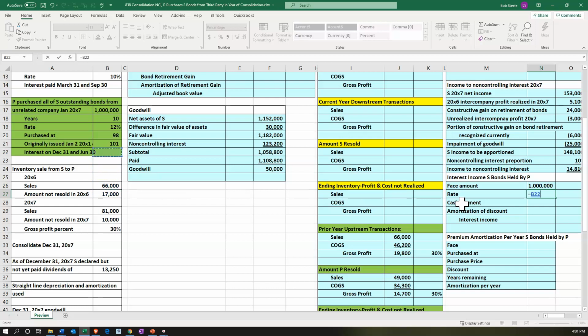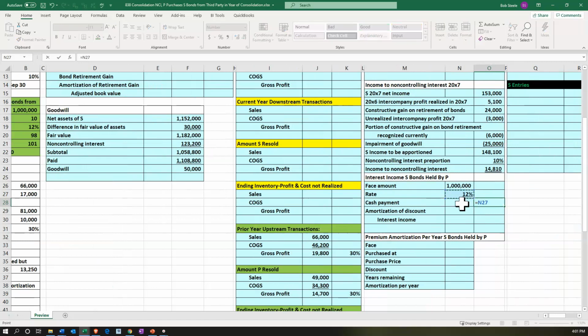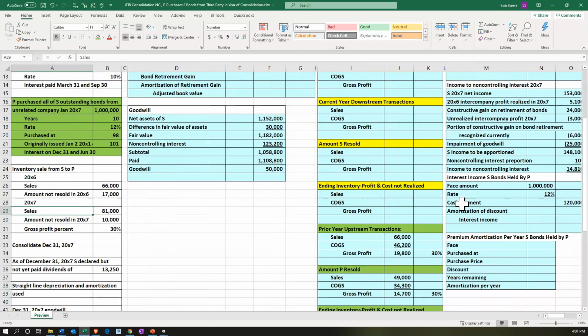So we got the 12% on the interest, and that will come out to, if we multiply that out, the 1 million times the 12%. Now then we also have a discount on it because they purchased it at 0.98 of the face amount. So now we're considering this compared to the face amount, the normal kind of thing that you would be thinking about in terms of the discount premium calculation.